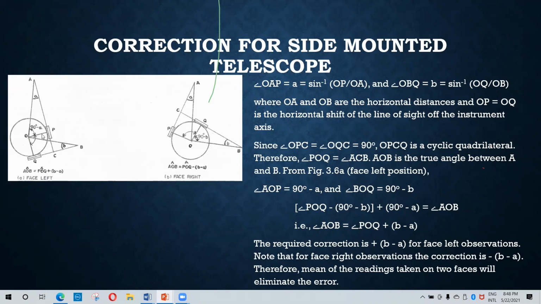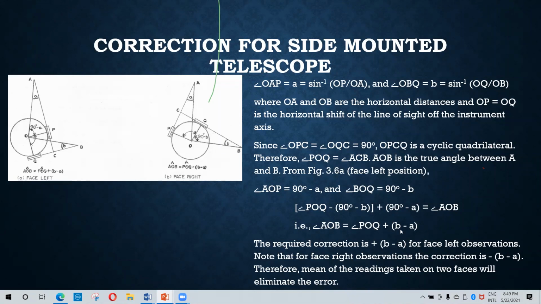POQ is the angle between OP and OQ, right? So this is what you measure with the auxiliary telescope. This POQ is the measurement that you take, and the B minus A is the correction that you need to do to get the angle. Now the image on the left hand side shows the readings taken with face left. Now if you turn face right and do the similar exercise, you will get an equation.